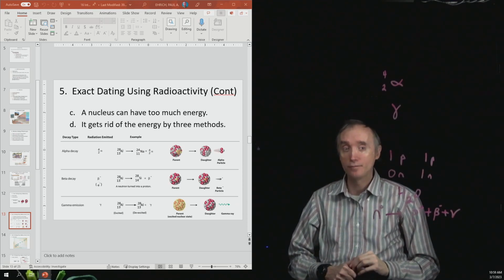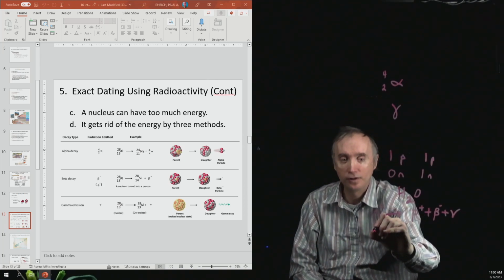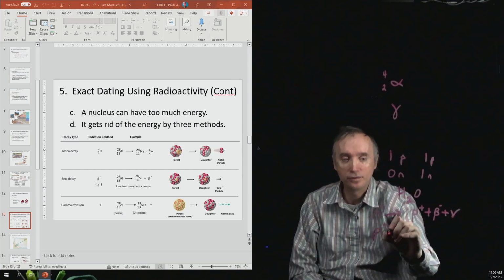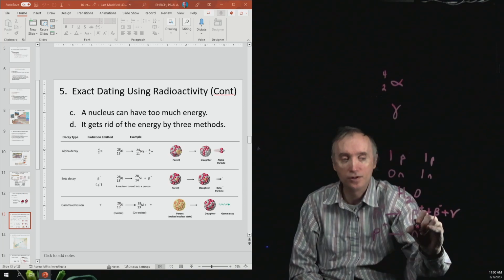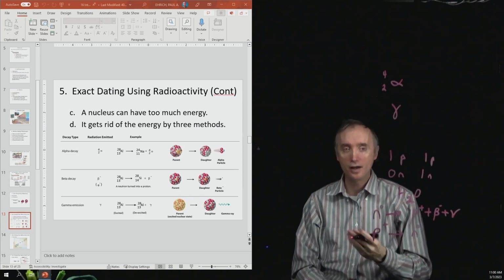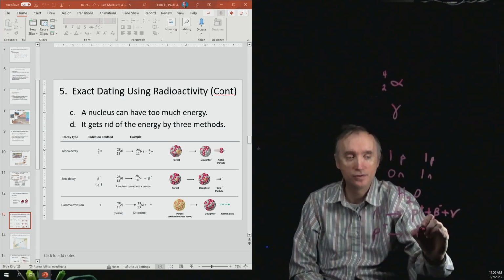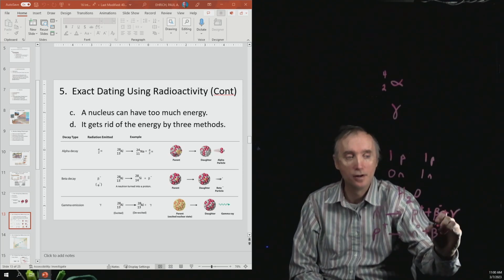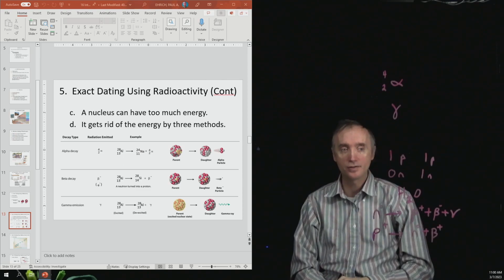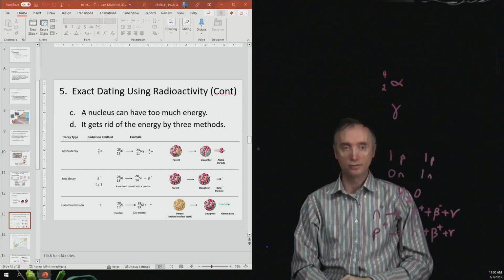Now, you could also have a situation where you've got too many protons. So here, let's say you've got a proton, which is positive, and it changes into a neutron, which is 0. What kind of particle would have to be given off? Well, it turns out that it's going to be a beta particle, just like this one up here, but it's going to be a beta plus, and then it also gives off the neutrino.